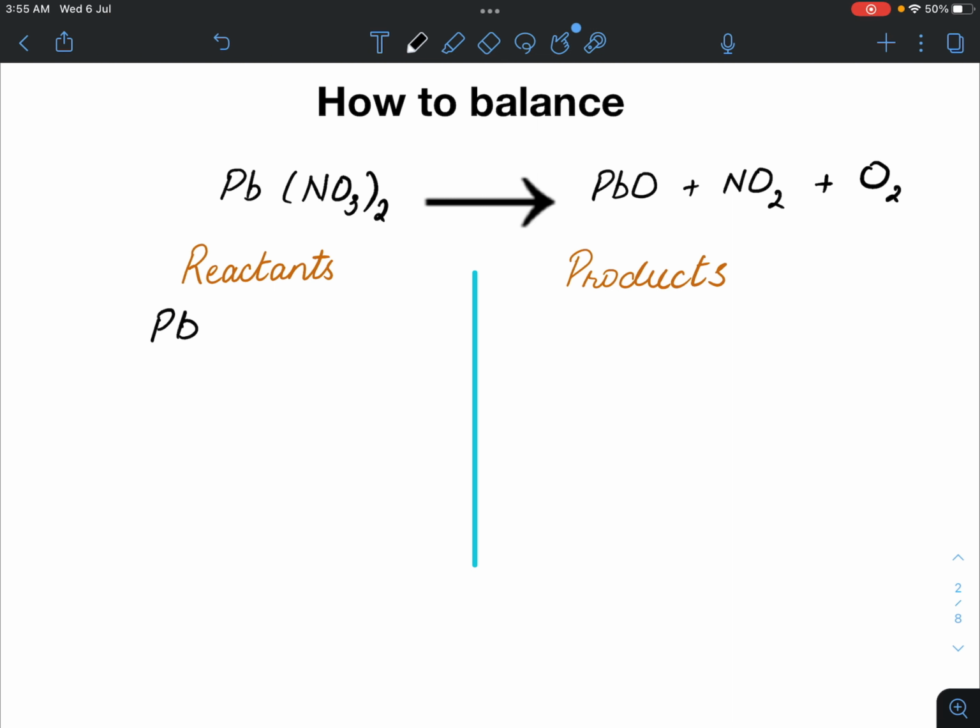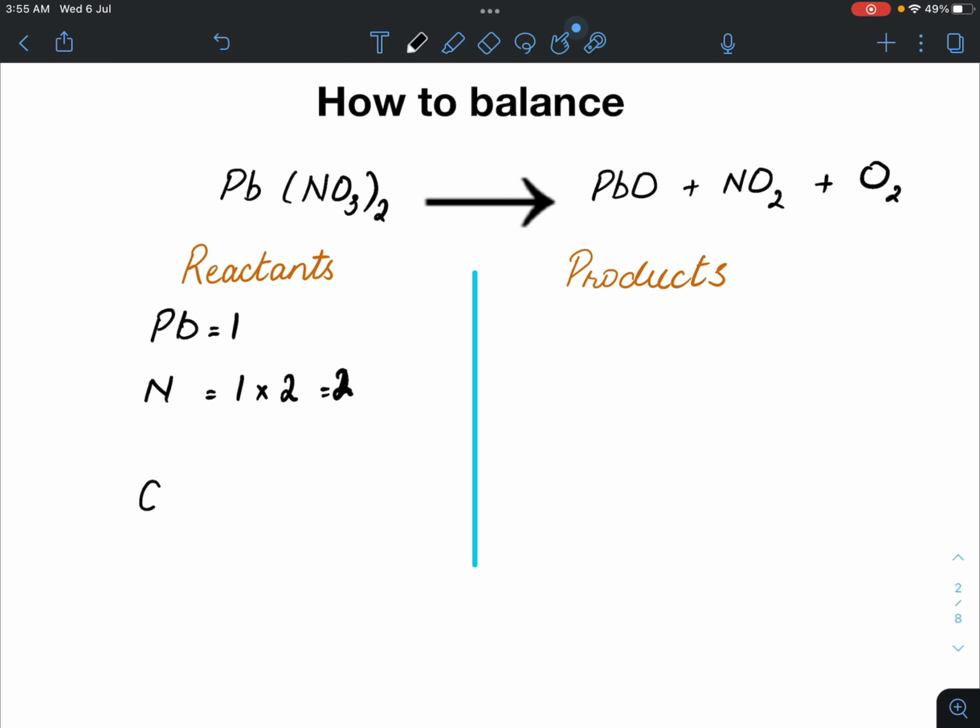Lead is equal to 1. Now here, let me clear one thing first. This 2 has to be multiplied with these 3 oxygen atoms and nitrogen separately. So let's do it. For nitrogen, N is equal to 1 multiplied by 2, which gives us 2 nitrogen atoms.